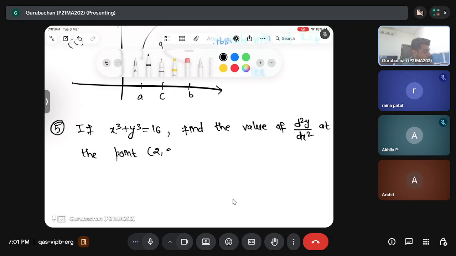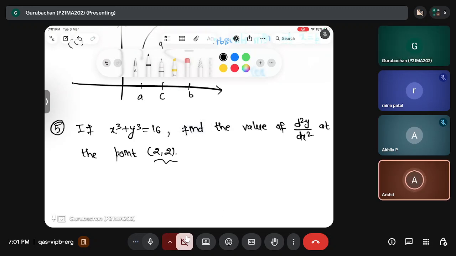Observe here, in case of an implicit function, you will be given both the points, although you can calculate it from the equation. So calculate the value of the double derivative at the point 2 comma 2.